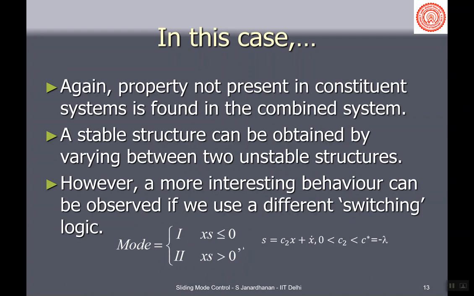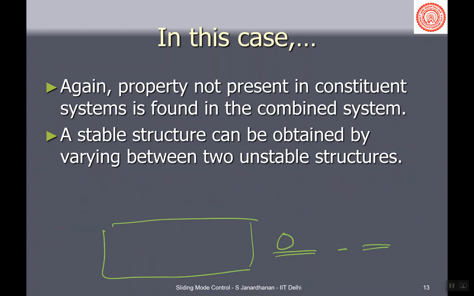But let's see if we can get a more interesting behavior. Let's not use the c star, let's use another value of c, which is less than c star but still positive. The way that you switch remains the same, the only thing is that the definition of s, the line that defines s, has changed.